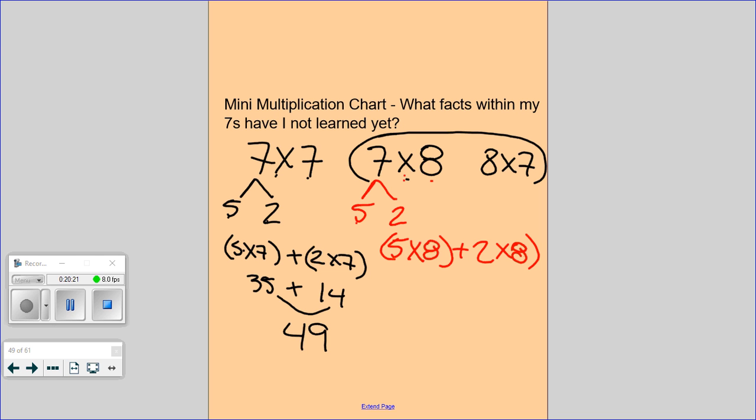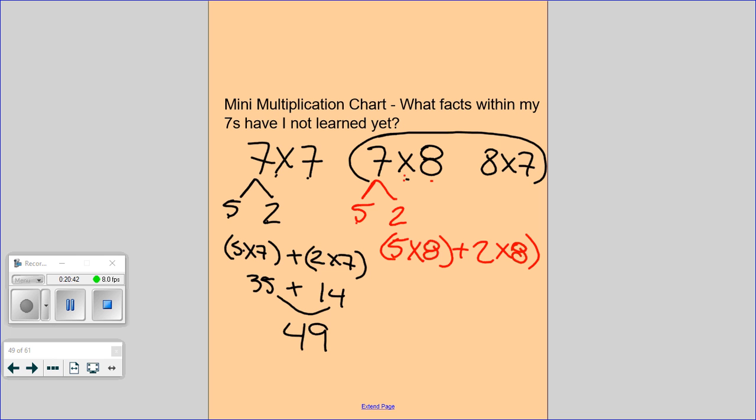Mason, do you know? Figure it out. Hunter, do you know? Pay attention. Stay with me. 5 times 8. What is 5 times 8? Figure it out. Sitting there doing nothing is not helping you.